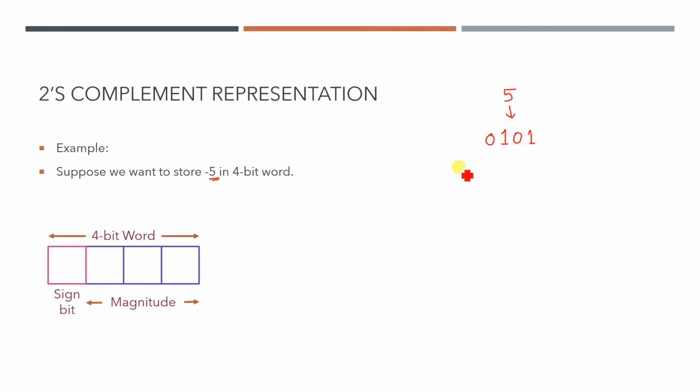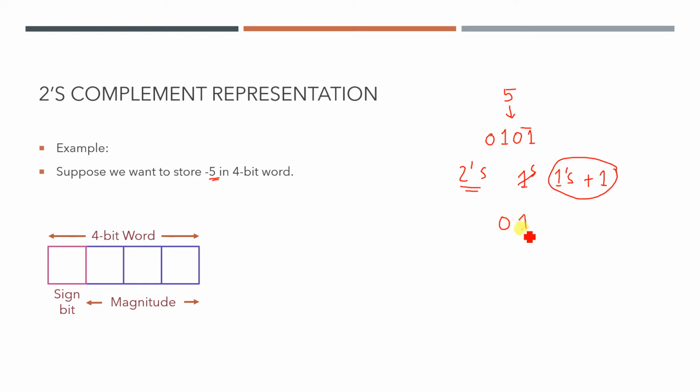Twos complement means ones complement plus 1. You have to find the ones complement of the given binary number, then add 1 to that binary number, so you will get the twos complement of that number.